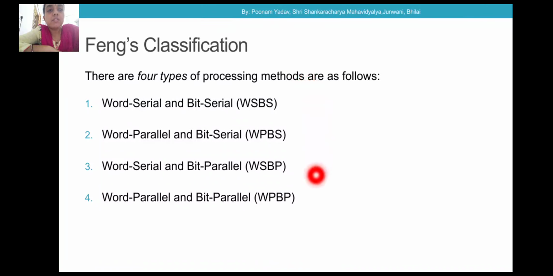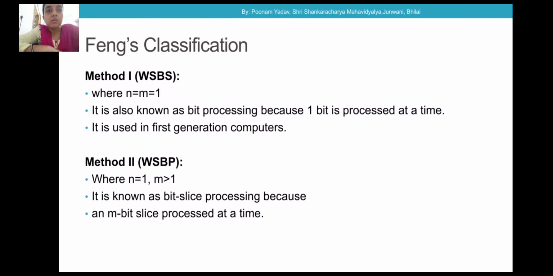In these 4 methods, Feng divided the computer architecture. Where n and m equal 1, this WSBS method works.